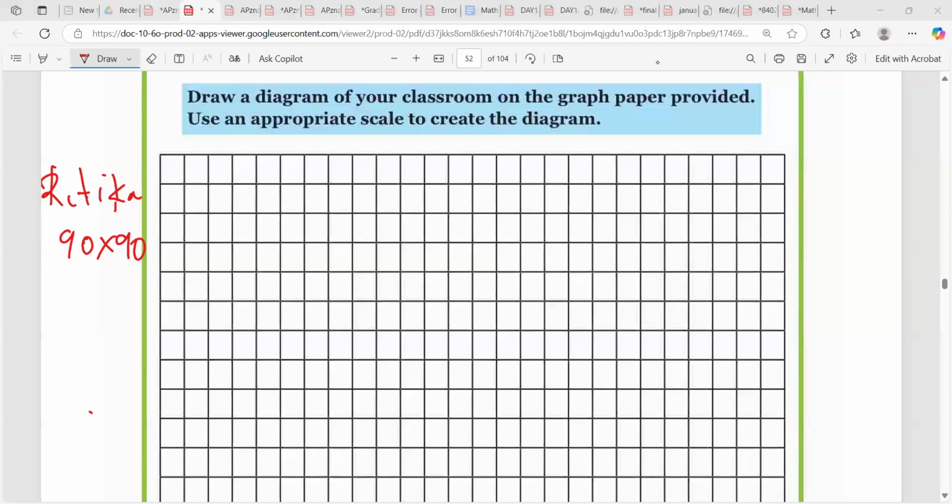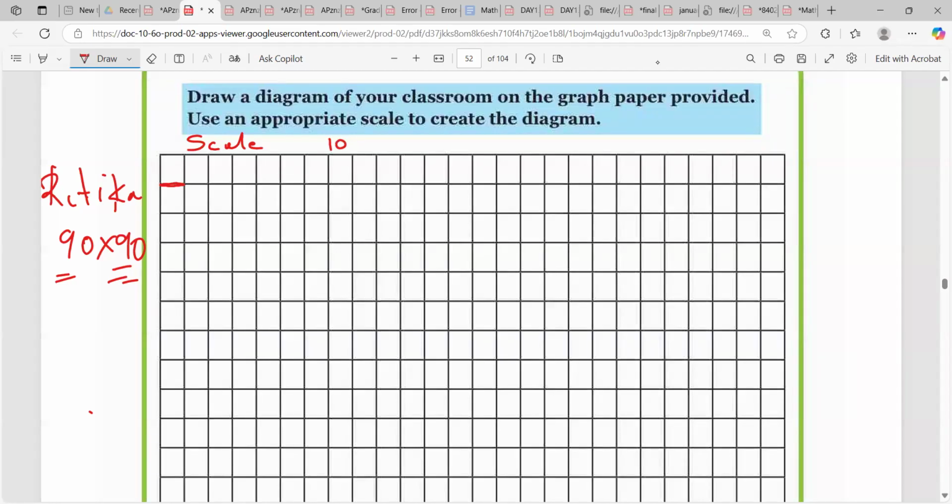All right. So what do they mean by scale drawing, guys? We literally cannot use an exact measurement of 90 centimeters on the paper, right? The paper is not large enough to have 90 centimeters. So what we have to do is use a scale to represent it. Let us say, for example, we have one of these bars here. We can make one of these represent 10.